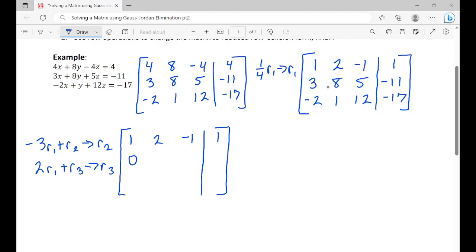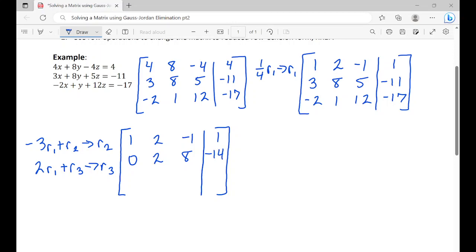Negative 6 plus 8 is 2. Negative 3 times negative 1 is a positive 3. Plus 5 is 8. And then negative 3 times 1 is negative 3. Minus 11 is negative 14. So there's new row 2.